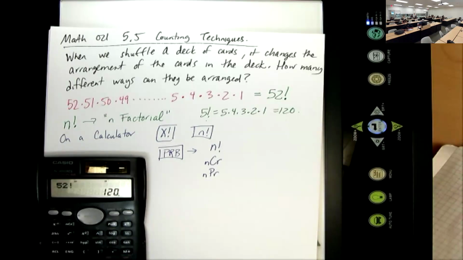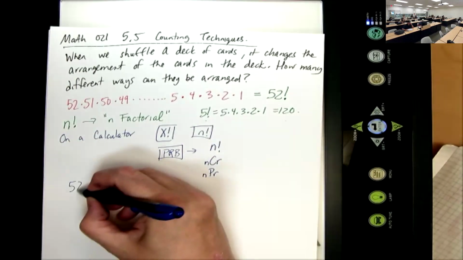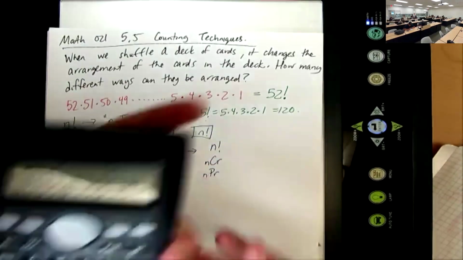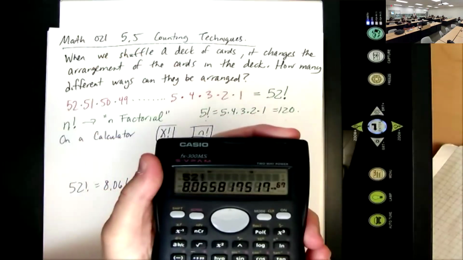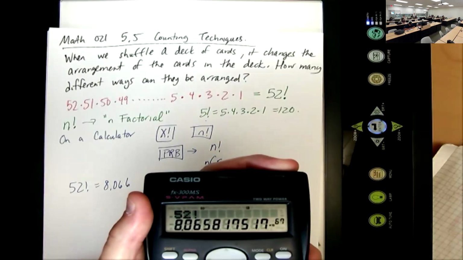Let's look at how many ways we can arrange a deck of cards. 8.066 times 10 to the 67.